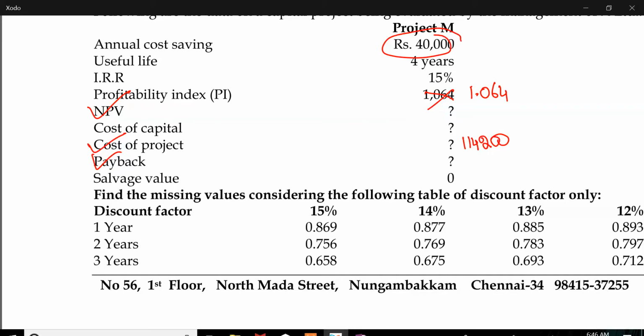Next point, PI can help in getting the present value of inflow, and accordingly NPV is computed.